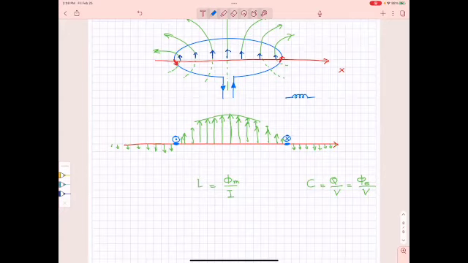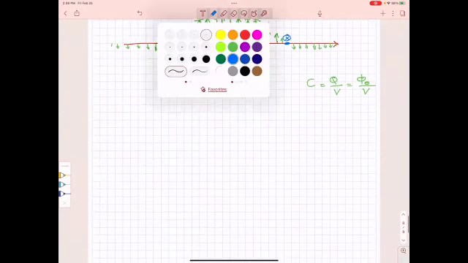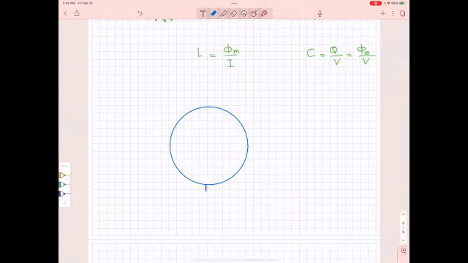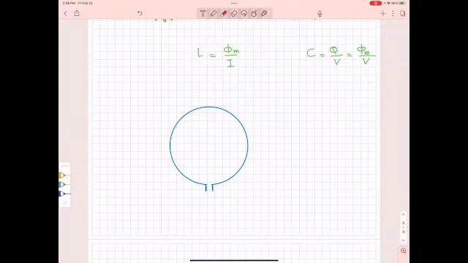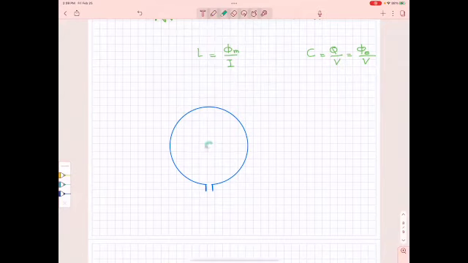So when I start looking at the flux, and if I want to see how the flux is going to look like, I go back to this one, and I put here the two wires that come in and out. If I plot the flux, and if I use, say, dark green where the flux is very strong, then you're going to see that the flux is going to be strong here.